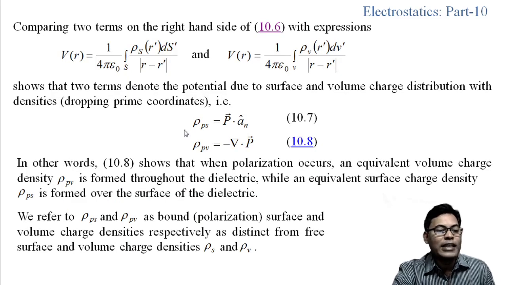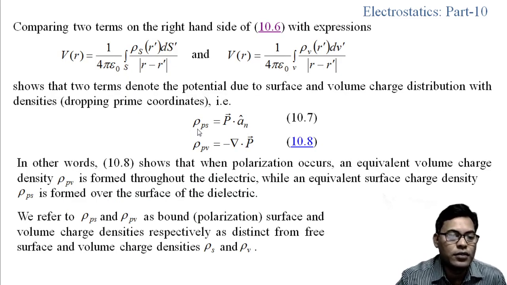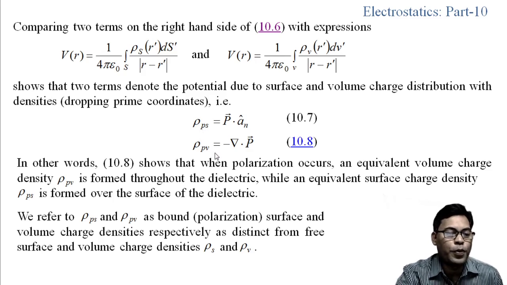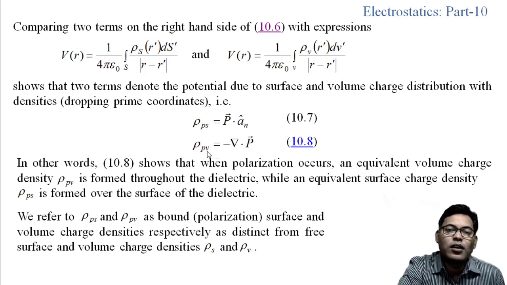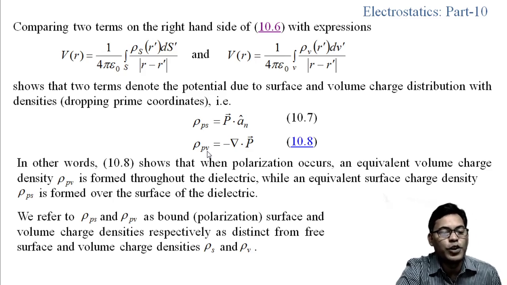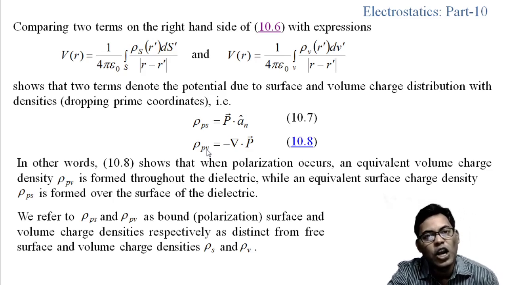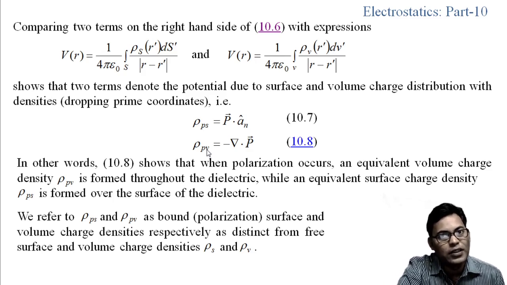Now why is it written rho ps and rho pv? Because we are taking into account the dielectric material in which the charges are not free. These charges are bound.